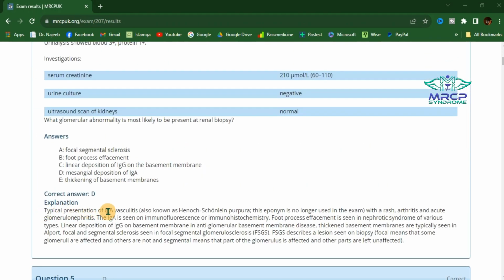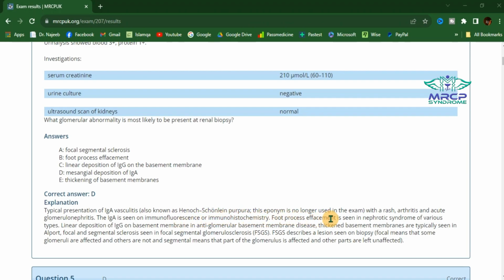Typical presentation of IgA vasculitis, also known as Henoch-Schönlein purpura. This eponym is no longer used in the exam. It presents with a rash, arthritis, and acute glomerulonephritis. The IgA is seen on immunofluorescence or immunohistochemistry.